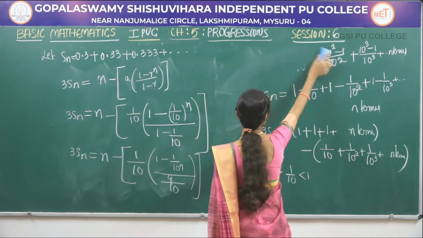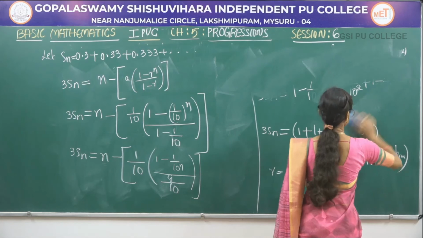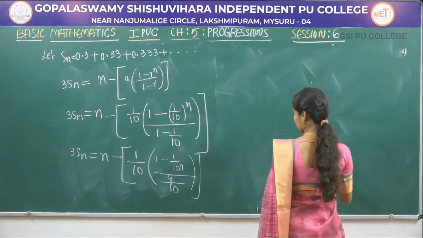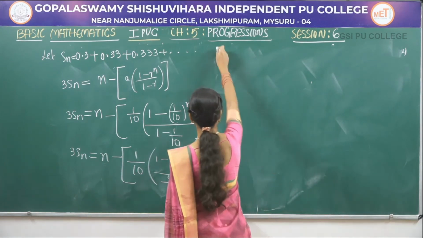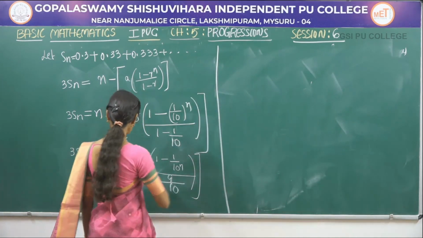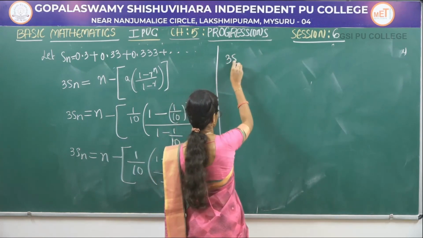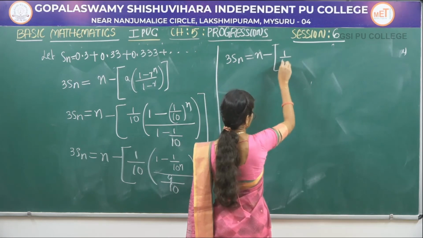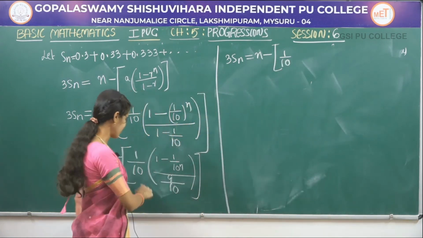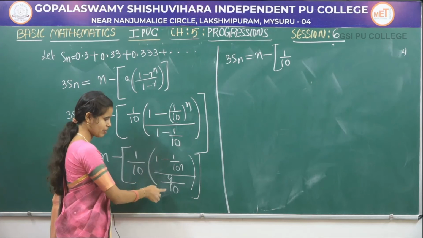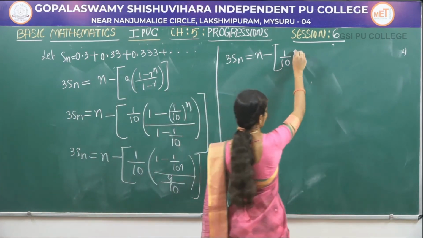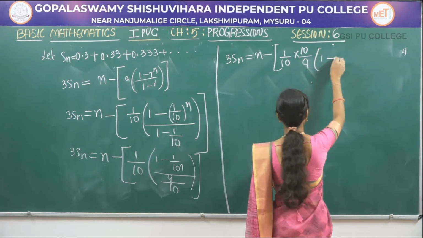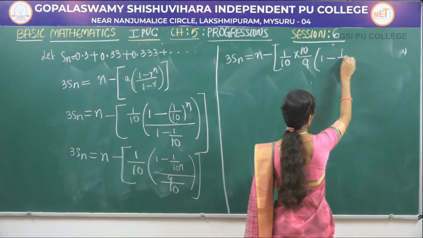So next, simplify. 3Sn is equal to n minus 1 by 10. Take this term into the numerator: 9 by 10 becomes 10 by 9. So 10 by 9 into 1 minus 1 by 10 to the power of n.